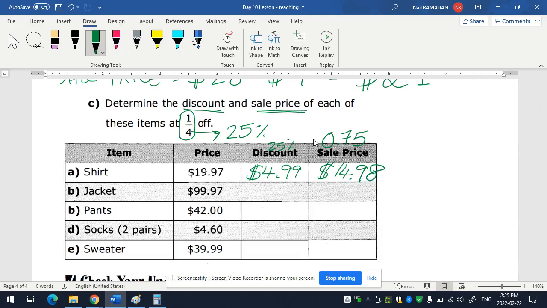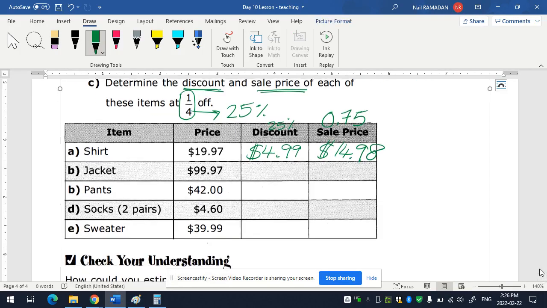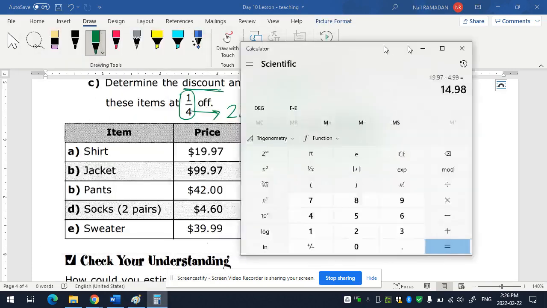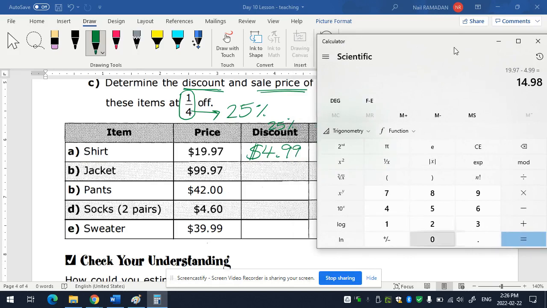Actually, everyone, let's do the sweater right here. So first, I have to multiply 25% by that to get only the discount. So 0.25. That makes sense because it's almost 40, so it has to be 10.